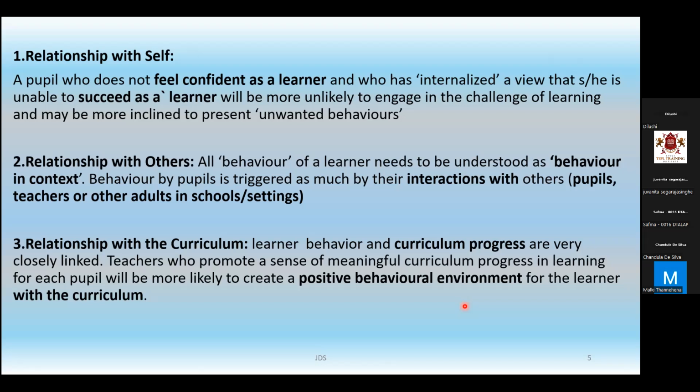The second category is relationship with others, meaning the surrounding environment, the students, the peers, the teachers, the neighbors maybe, who are around the student. Their interaction with the student also influences the behavioral patterns of a child.